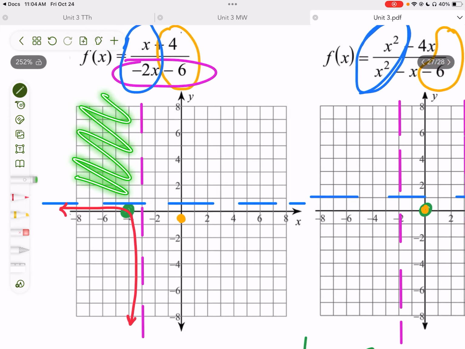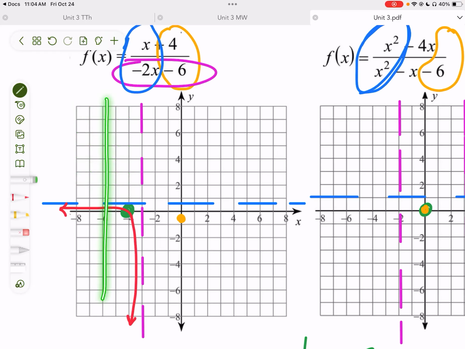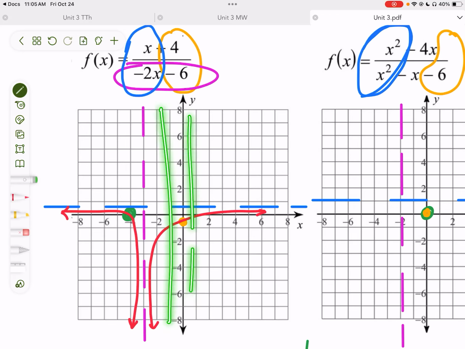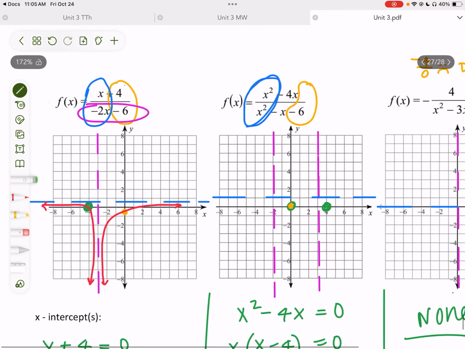There's nothing else that can happen over here, right? We want this to pass the vertical line test because it's a function. So that is my only option. On the other side, we have something similar. We have another point. So I'm thinking it's going to look like this. And again, that's the only thing that can happen because we have to pass the vertical line test. You can't have another curve up here. So that's it for this one.